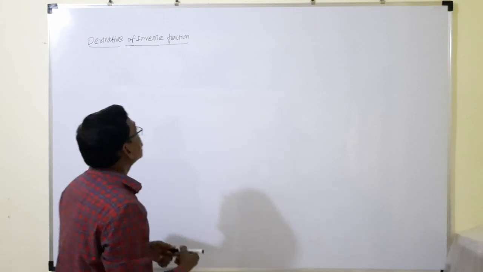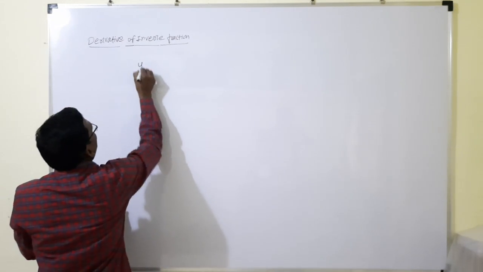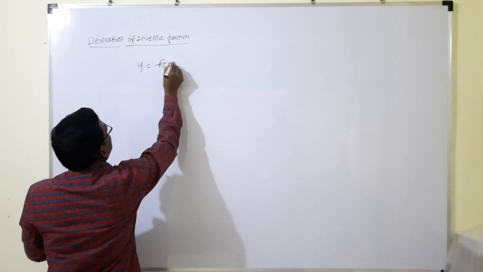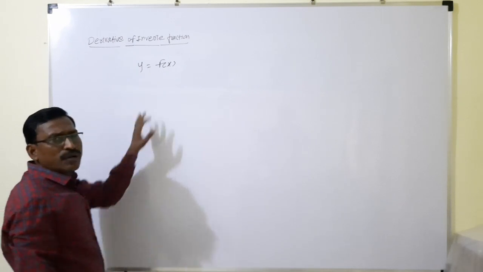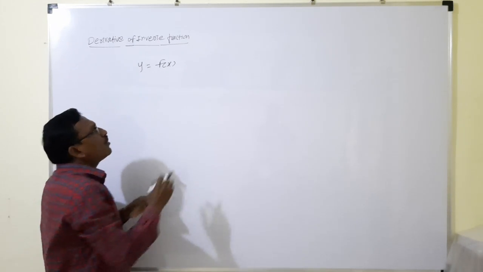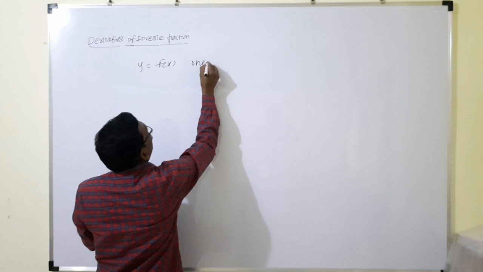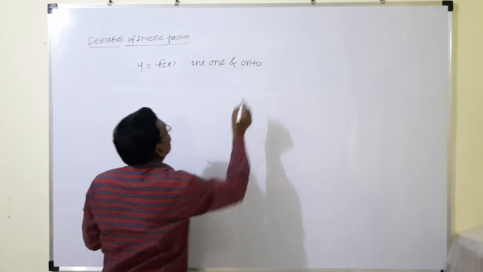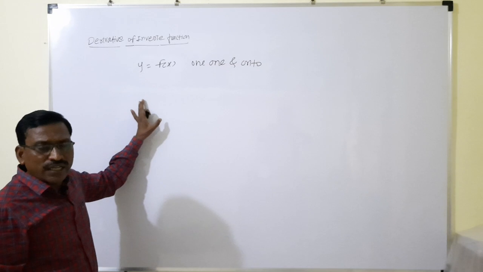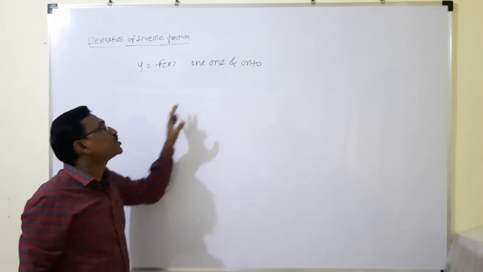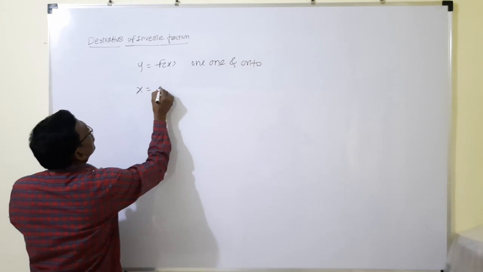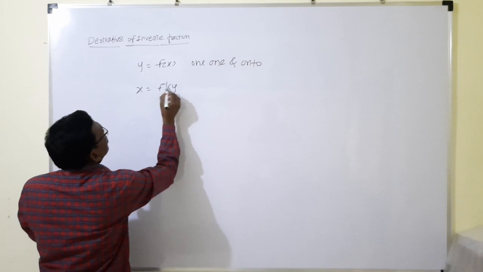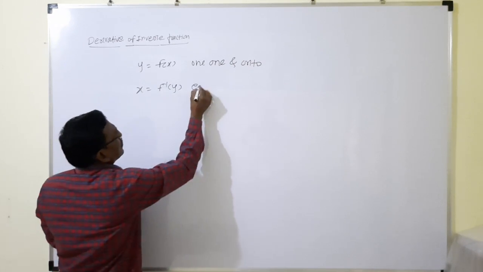So we consider here y equal to function f of x. If this function is one-one and onto, then its inverse function x equal to f inverse y exists.